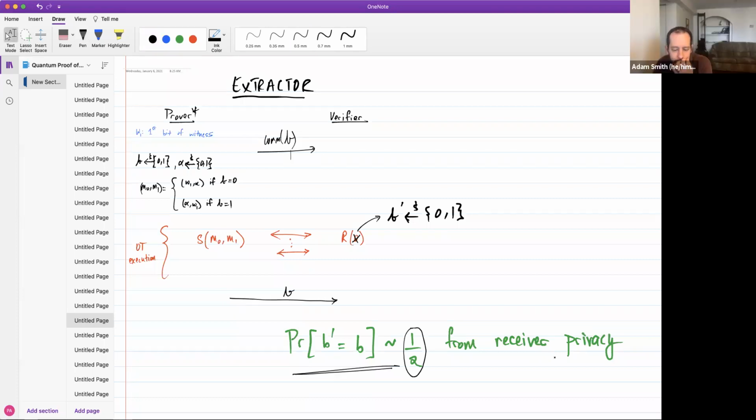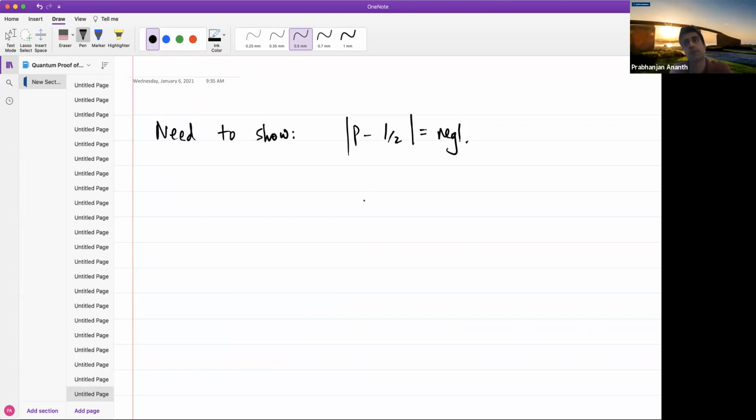You can, but in that case, this would follow unconditionally. Yeah, that's kind of what I was wondering about. Yeah, you can do that. But ultimately, you still need to argue this, whether you argue from a computational assumption or using what you suggested, which would be unconditional. It doesn't matter. Yeah, this follows from the statistical receiver privacy property.